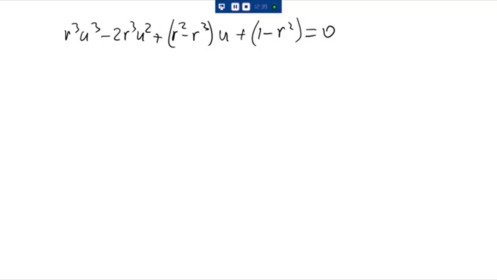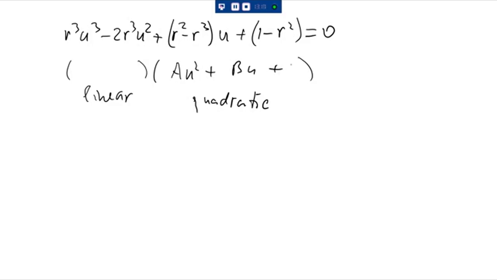So this is a cubic equation, and we know that cubics can be factorized. So we will have a linear term and a quadratic. For the linear term, we can solve it. We don't know the quadratic term, I will put it like a u squared plus bu plus c.